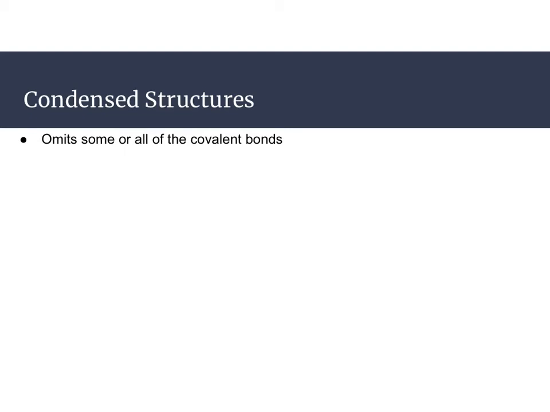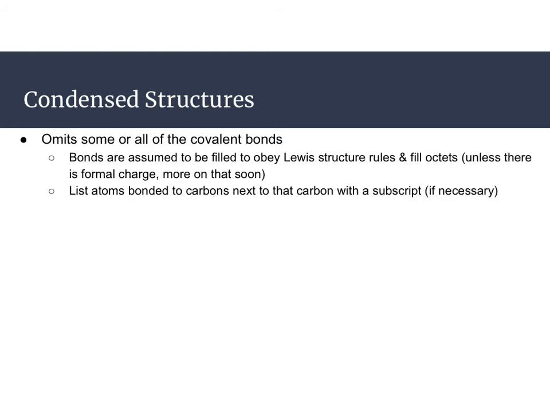So let's move on to condensed structures. Basically, the big summary of this video is chemists just keep getting lazier and lazier with every structure that we learn. All right, so condensed structures omit essentially all of the covalent bonds. And so the bonds are all assumed to be filled. Everyone follows the octet rule, unless there's a formal charge, which we'll get to soon, and that would have to be indicated in the structure.